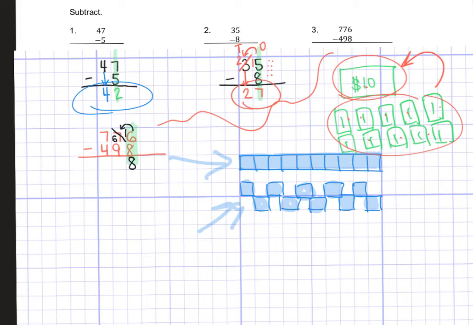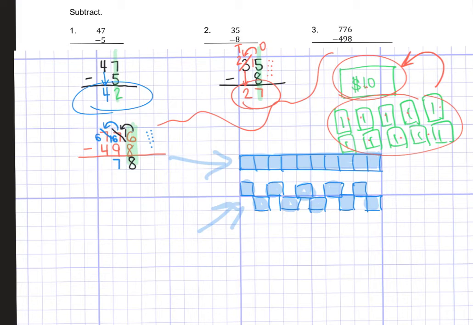So now I say to him, I got to borrow. 7 turns into 6. Since I borrowed 10 from him, my 6 turns into a 16. And now I have 16 minus 9. For some reason, the 9s always throw me, so I am going to dot this one. 16, 15, 14, 13, 12, 11, 10, 9, 8, 7.